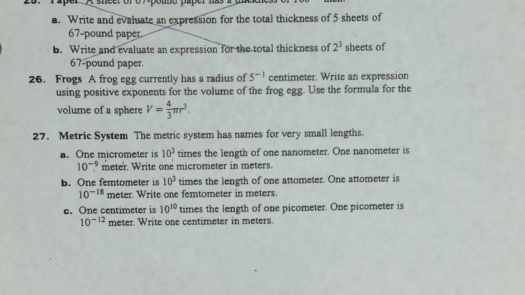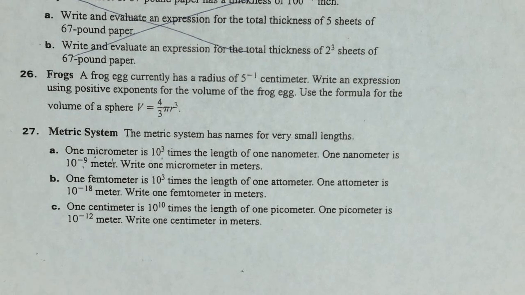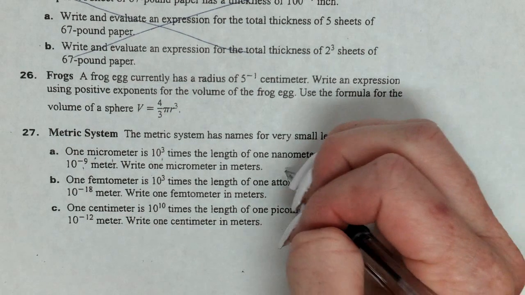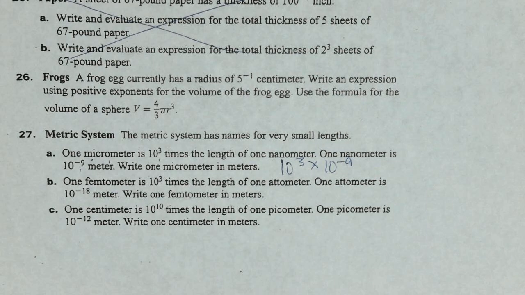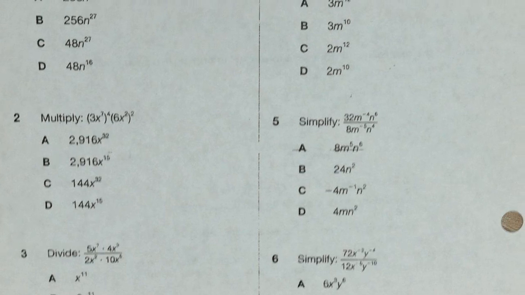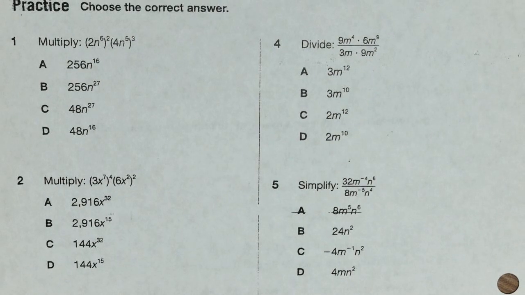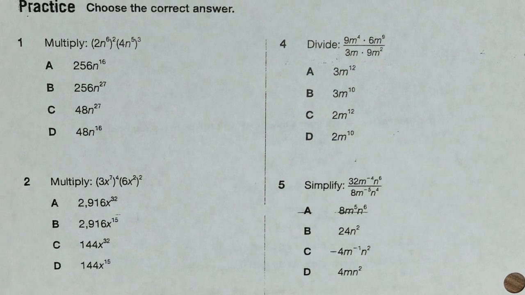If a nanometer is 10 to the negative 9th, what is 1 micrometer? You're just going to multiply 10 to the 3rd times 10 to the negative 9, and then, of course, simplify your answer. So all of them, you're just pretty much multiplying. Okay, don't overthink it. Then when you go to the back, they are STAAR problems. They're easy, super easy. All right, get busy.